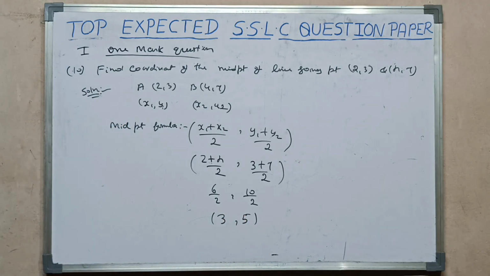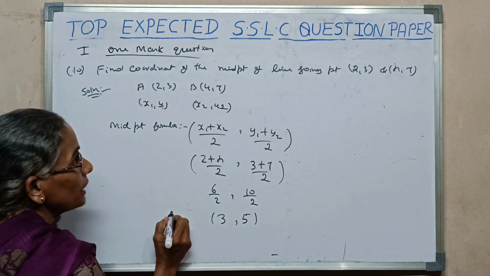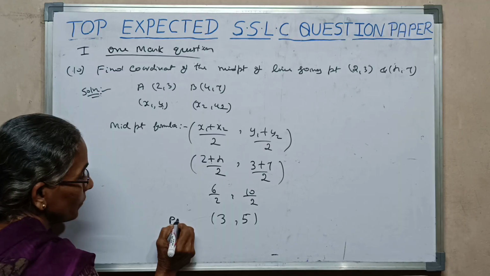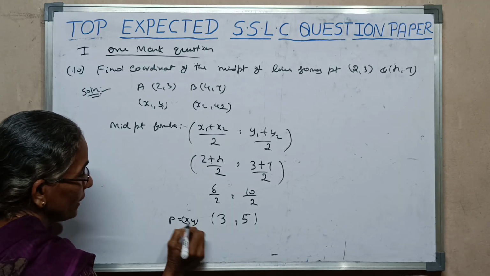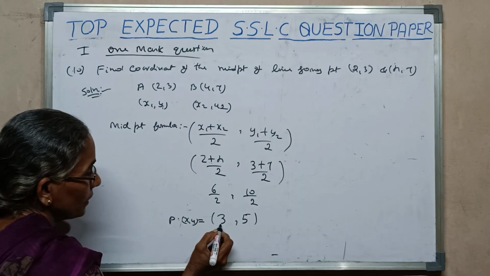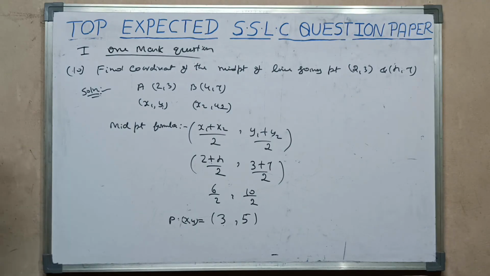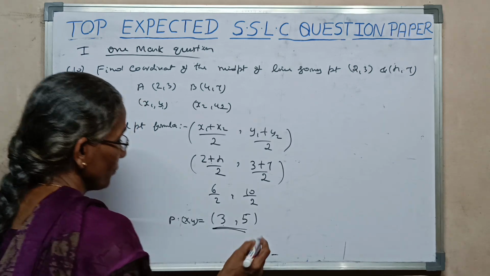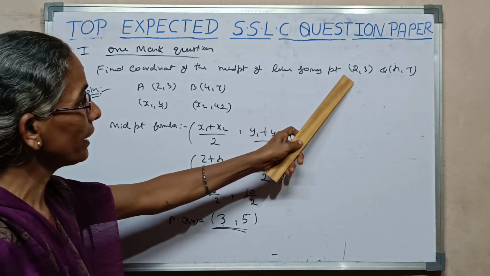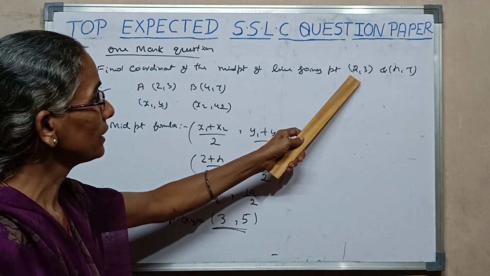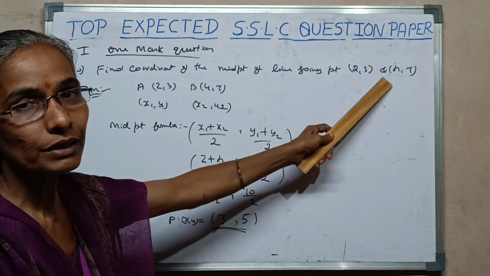So the coordinates of the midpoint P (x, y) are (3, 5). Here points A and B are given: A is (2, 3) and B is (4, 7).